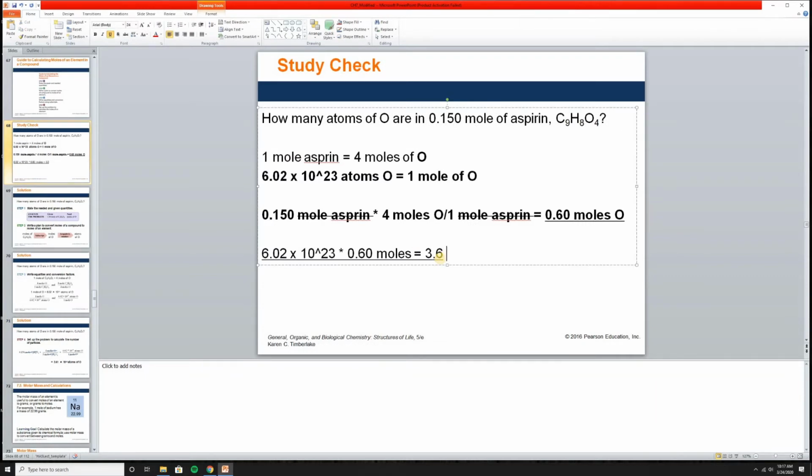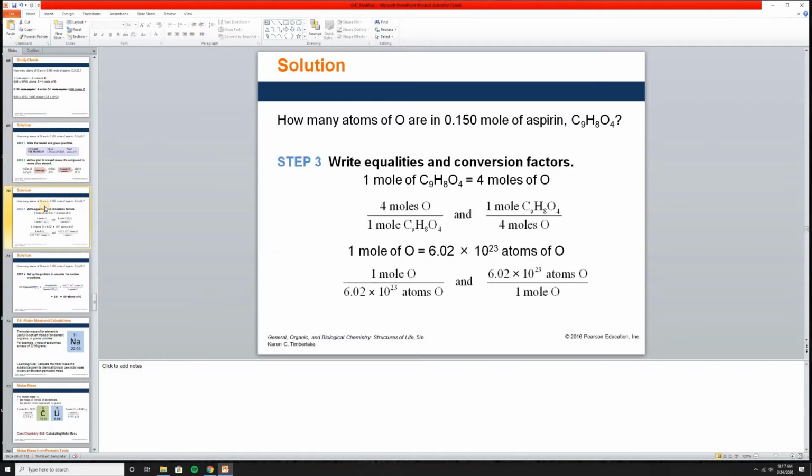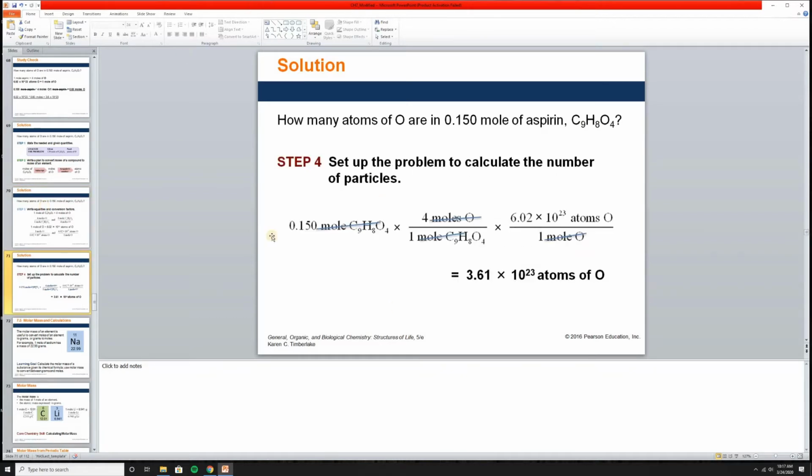You can go back and look at the work for it. We took the 0.15 moles of aspirin, and since 4 moles of oxygen is in each mole of aspirin, the moles of aspirin cancel out. Then in 1 mole of anything, there are Avogadro's number of atoms. So we're using 2 conversion factors here to come up with our answer. It's a 2-step conversion.